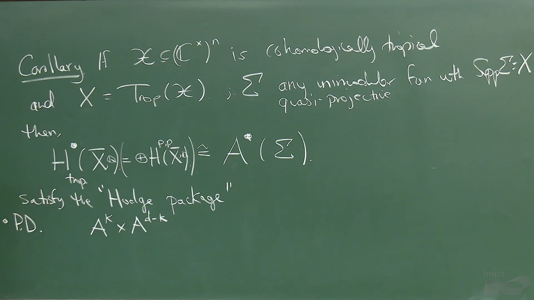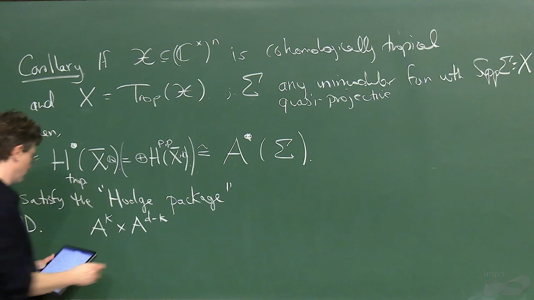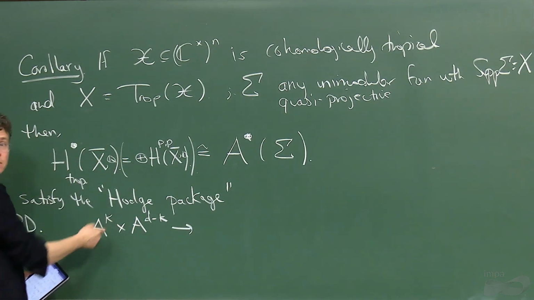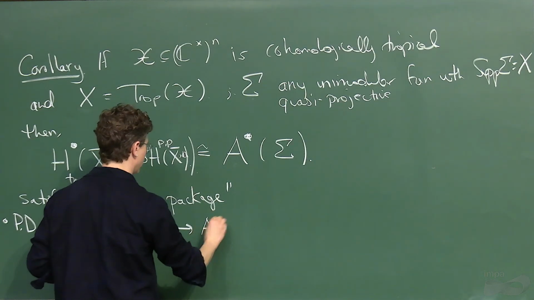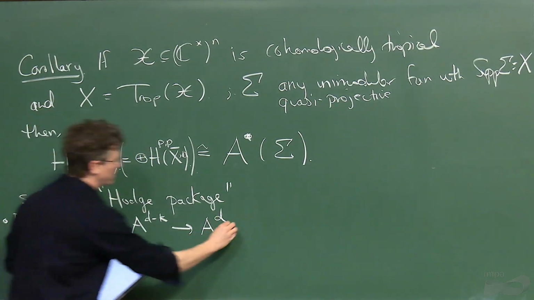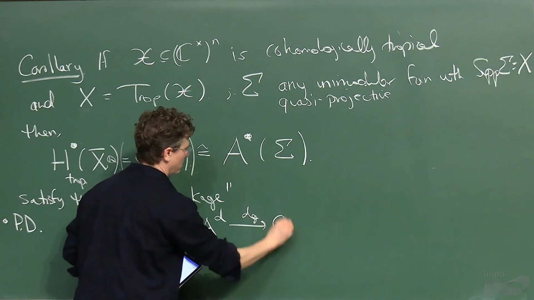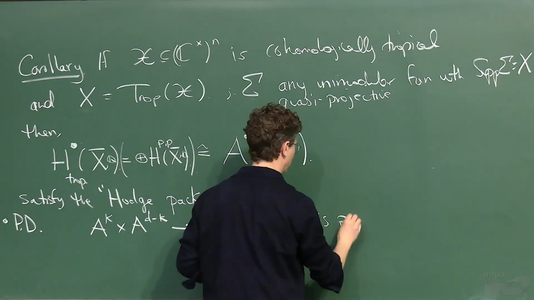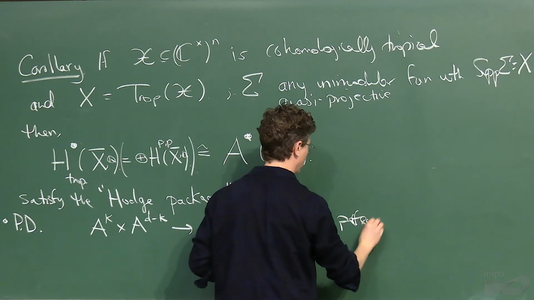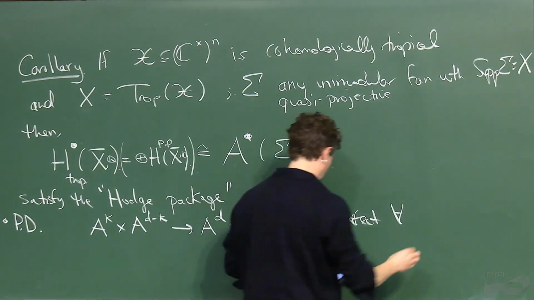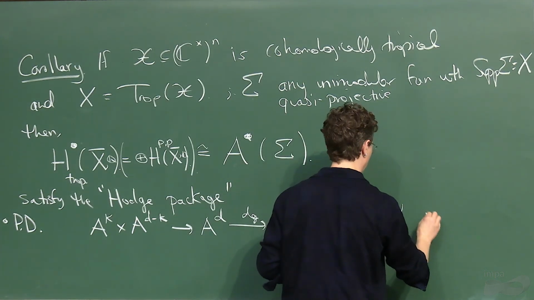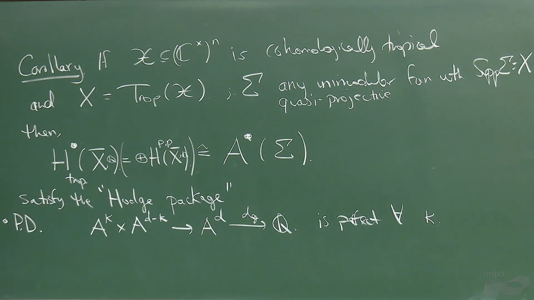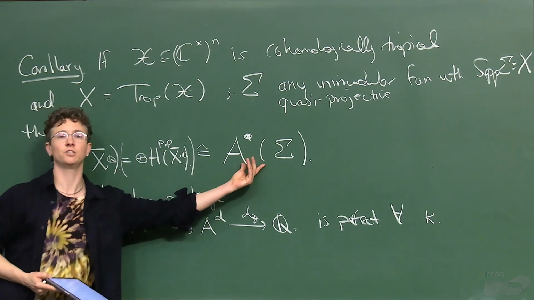It means that there's a nice perfect pairing between the complementary graded pieces. This first multiplies to give you something in A^d, but we have a degree map to Q, and this pairing is perfect for all k.